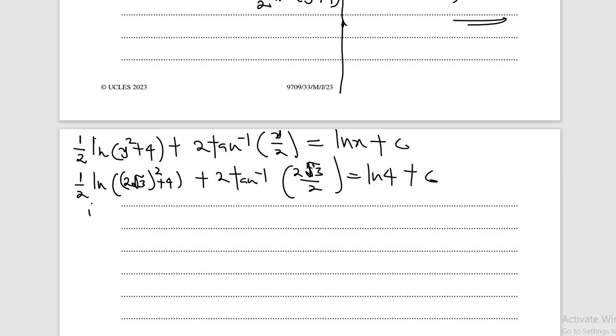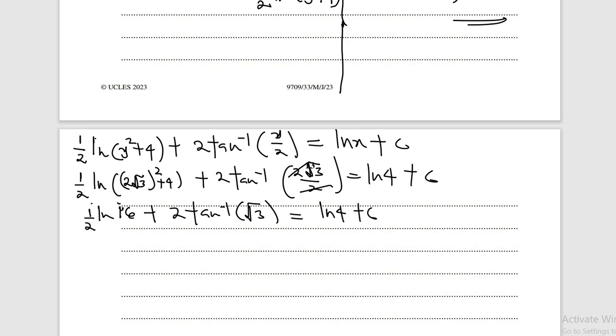From here we have 1/2 ln((2√3)² + 4). (2√3)² is 4 times 3, 12, and 12 plus 4 gives us 16. That's 1/2 ln 16 plus 2 arctan(√3), since the 2 cancels, equal to ln 4 plus c.